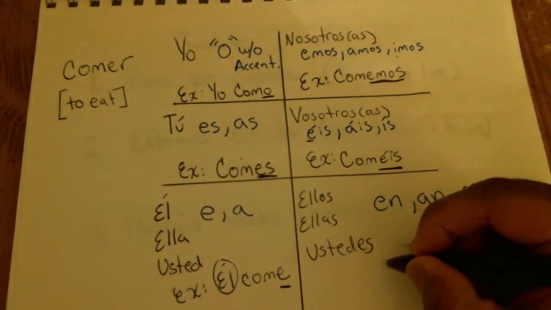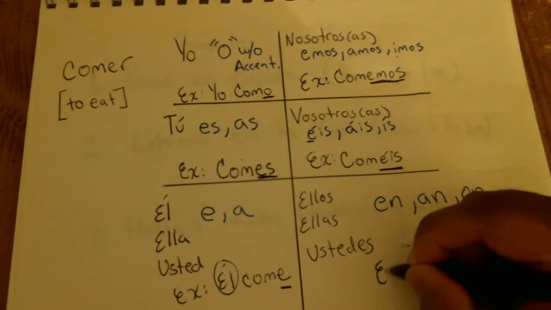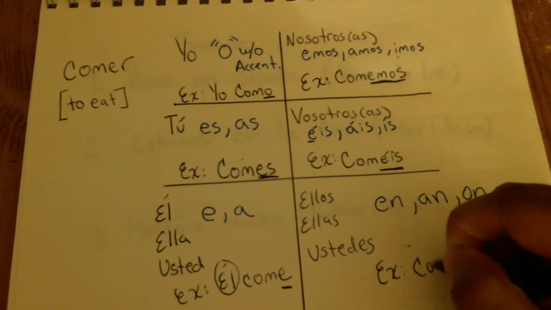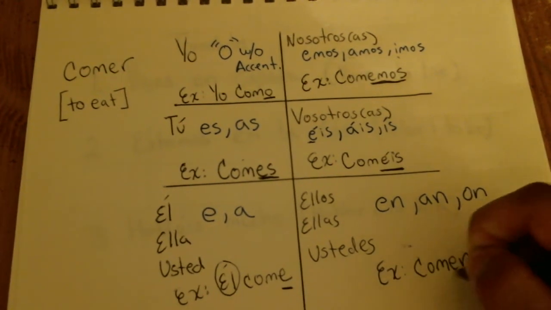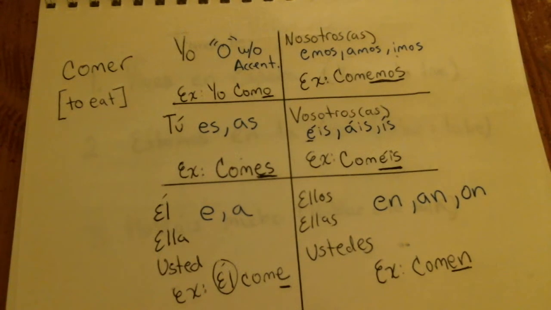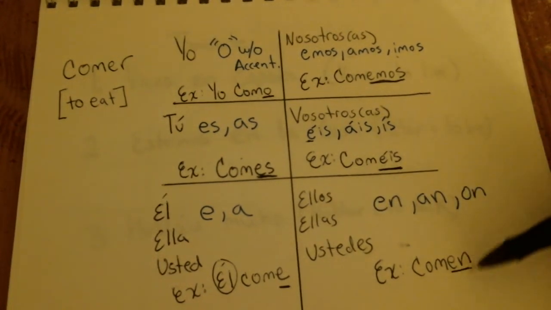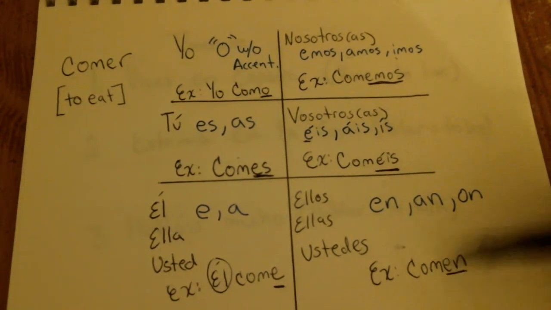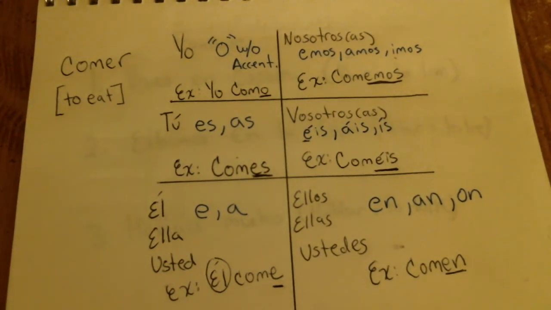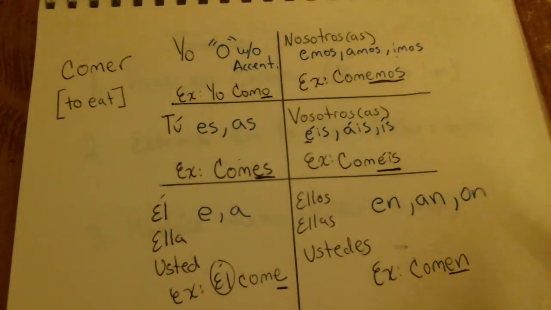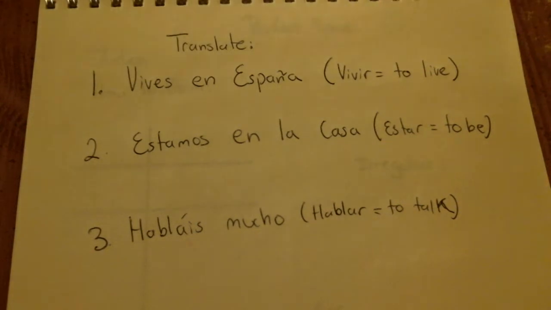So for example, taking the verb comer, you would say "comen," okay? Comen. That's how you say they eat, all right? So again, the ending lets you know who is doing the verb, and the beginning lets you know what the verb itself is. When you put those together, you will understand what is going on in the sentence. So it's very important for you to know those endings. All right, now let's move on.